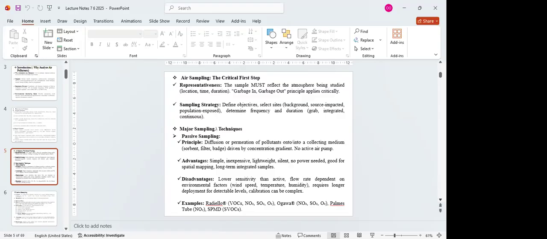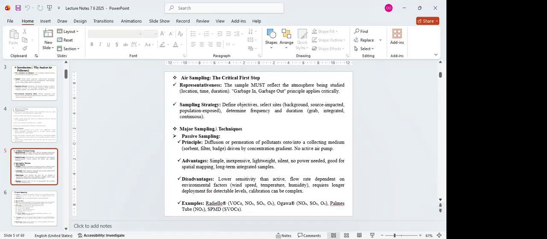Once this is done, you harvest them and extract the pollutants and carry out your analysis. So it depends on what you want to do. This is part of the techniques and approaches when it comes to passive sampling.